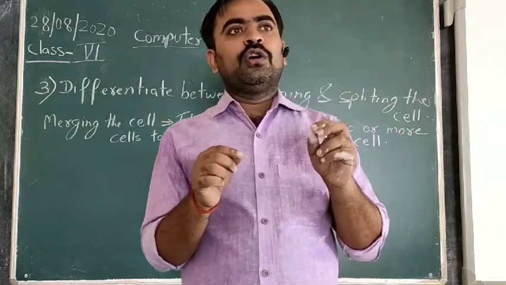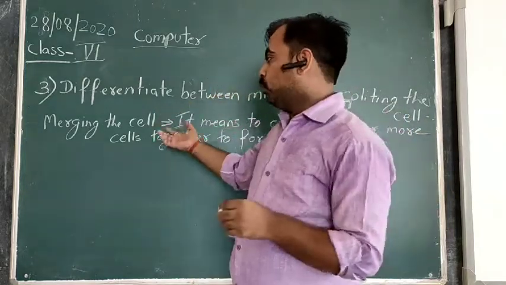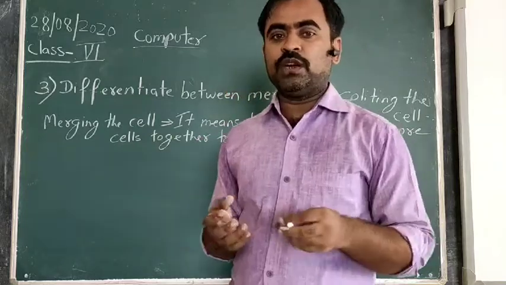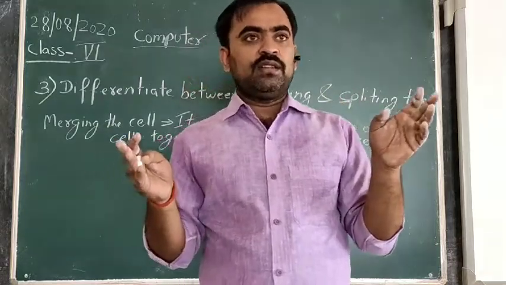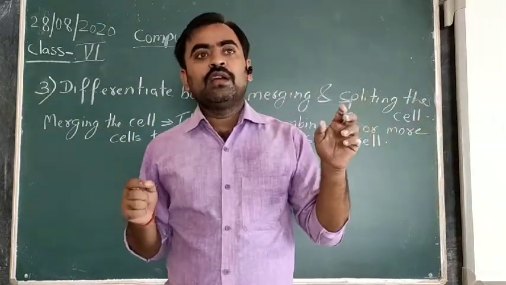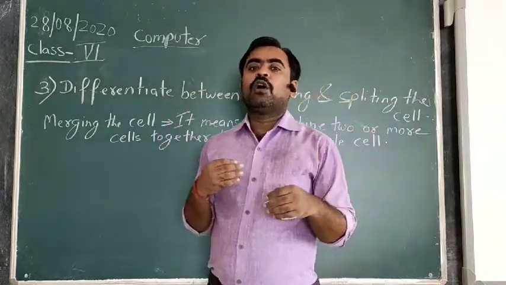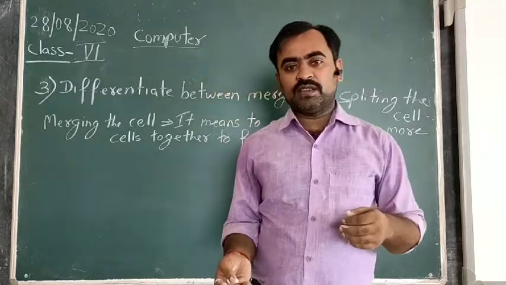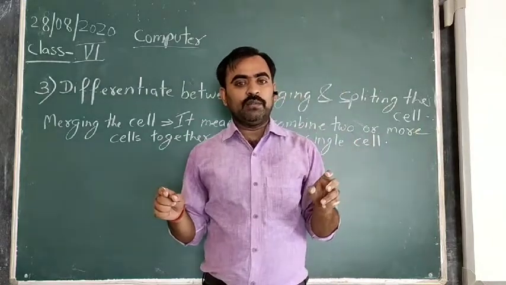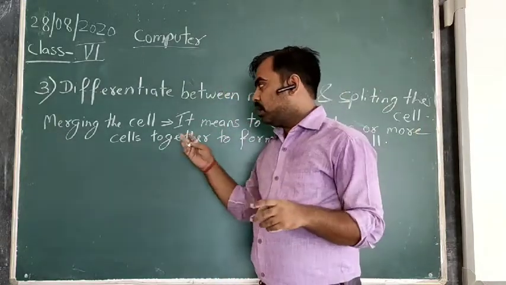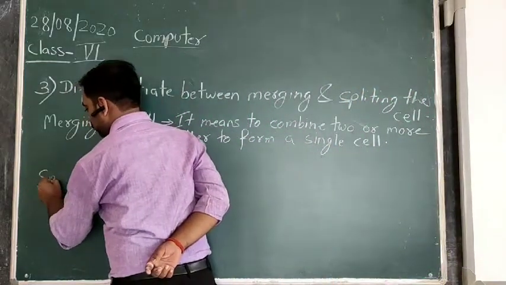So in order to display it properly, you can use the merge cell option, and using that option you can select two or more cells together, combine them and form a single cell, and then you can write your heading of the table for it. Okay, so this is the option merging the cell.